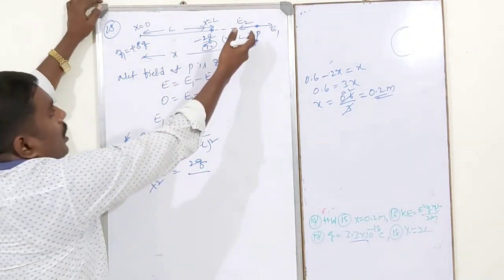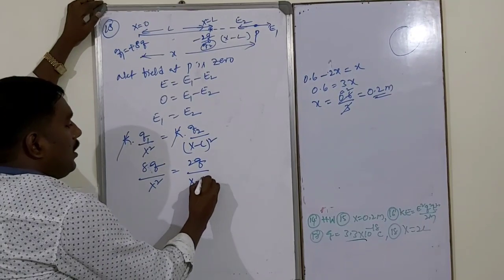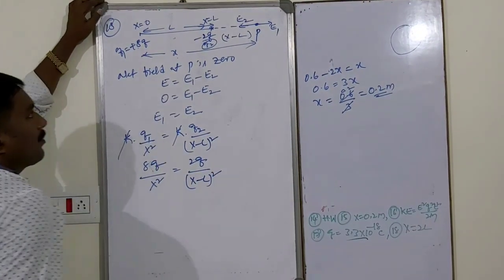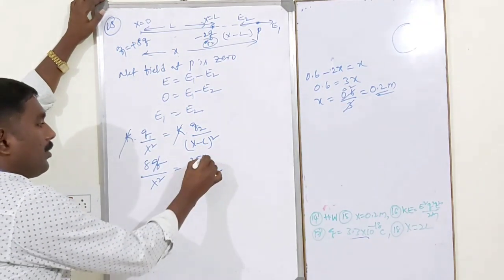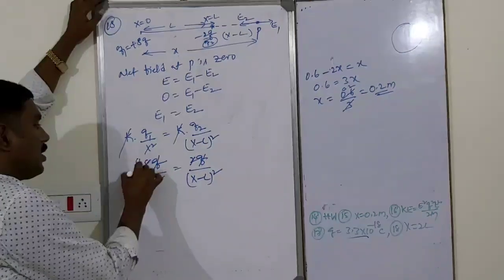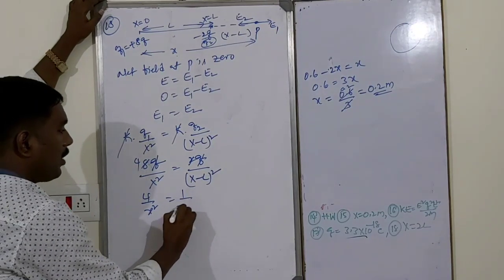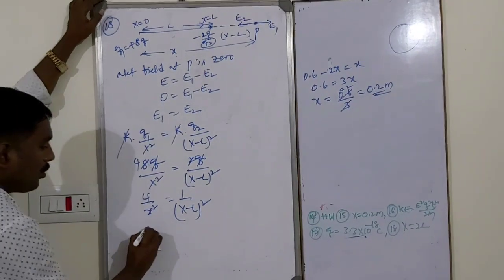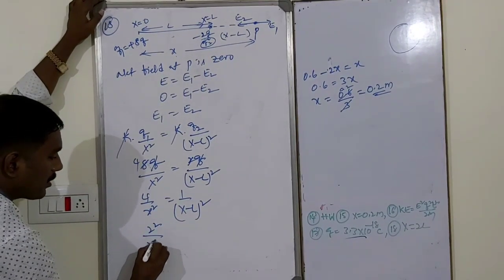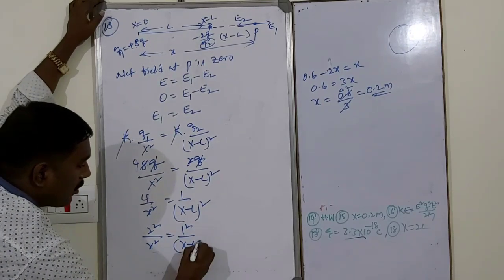So 8q by x square equals 2q by x minus L whole square. Q cancels out. So 4 by x square is equal to 1 by x minus L whole square. Writing 4 as 2 square, 2 square by x square equals 1 square by x minus L whole square.